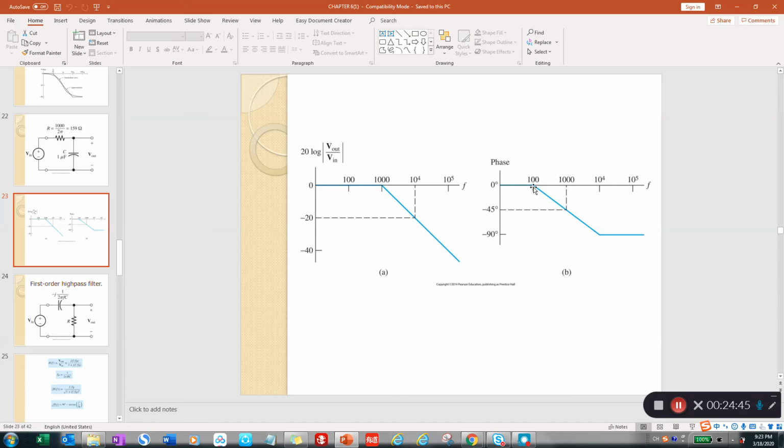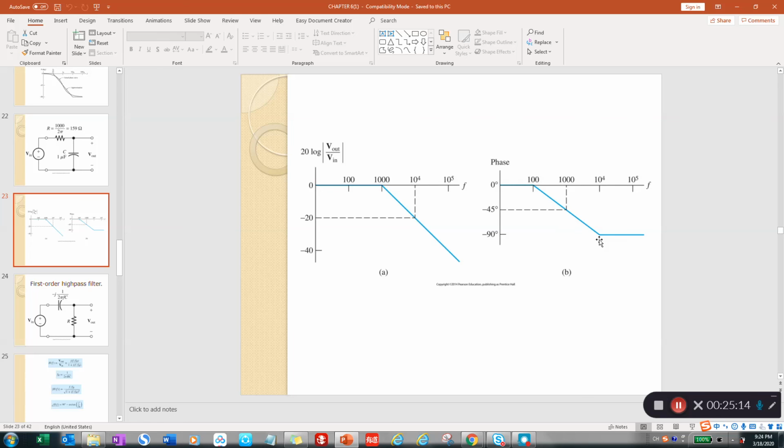At frequency equal to 100, the phase angle equals 0. And if the frequency continues to reduce, less than a tenth of the break frequency, less than 100, then you will get the phase angle at 0. So you can draw a straight line here, where the phase angle is equal to 0.